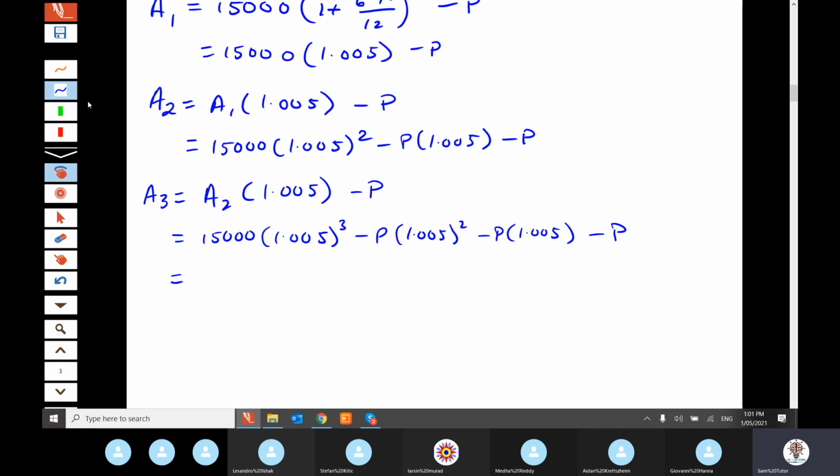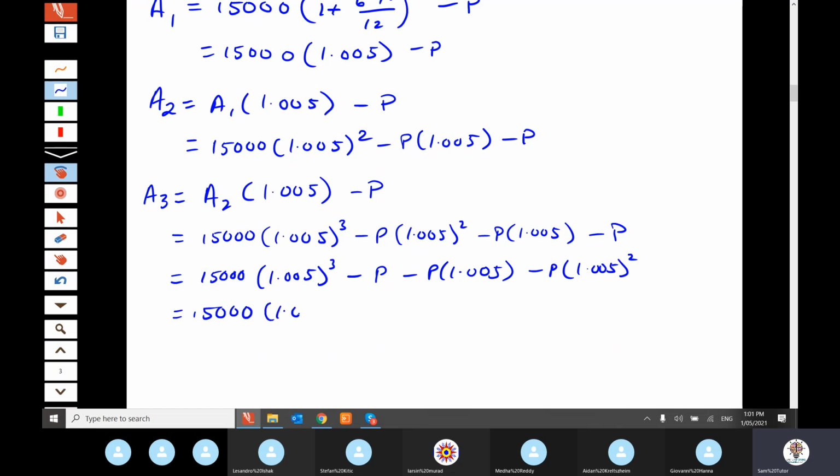Anyways, next line, 15,000. Increasing, not decreasing in power, so it should be minus P, minus P, minus P. Okay, then what do we do now? We take the P out. Not can we, you must. You must take it out. 1 plus 1.005 plus 1.005 squared.